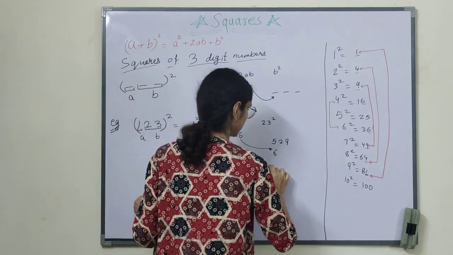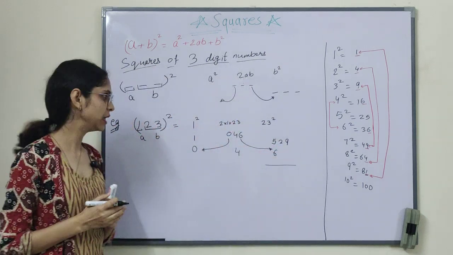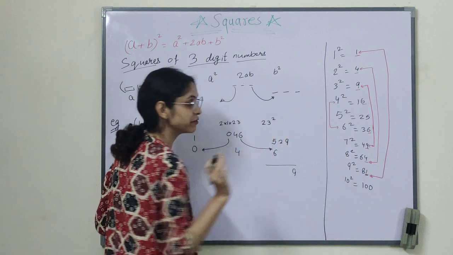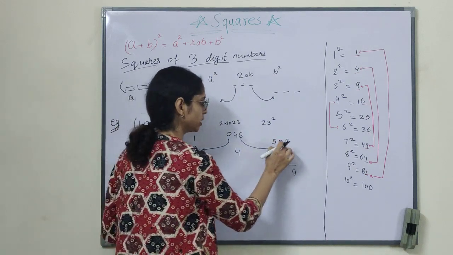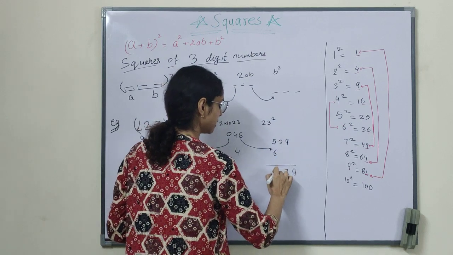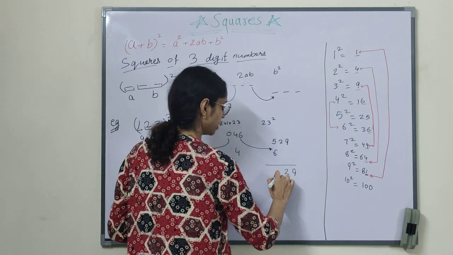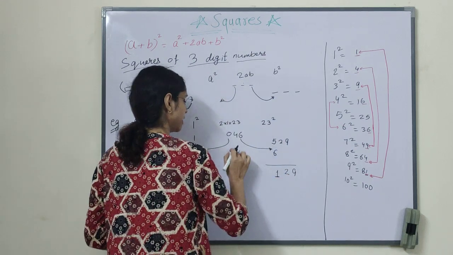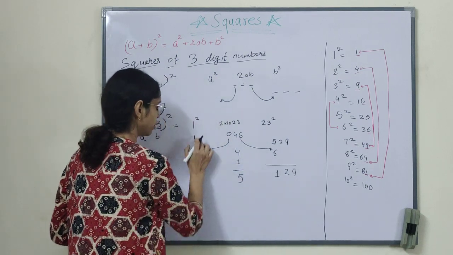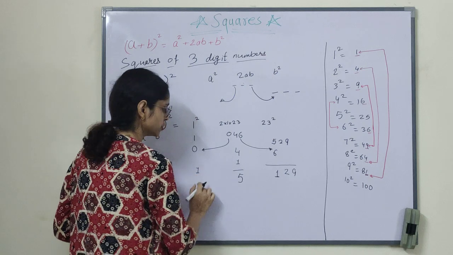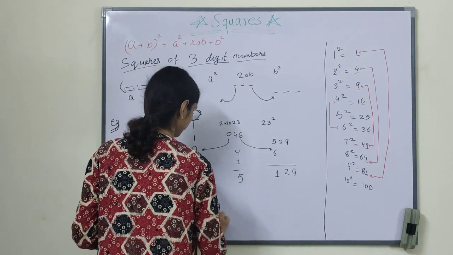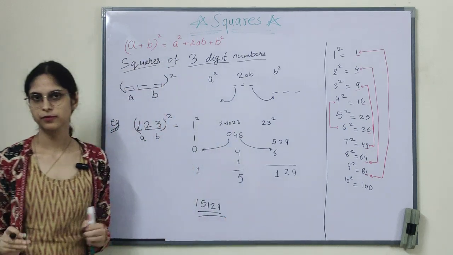Now we will add. 9 will come as it is. We are not adding 6 to 529. We are adding 6 to 2 only. 2 plus 6 is 8. Wait, 9, 2, 6 plus 5 is 11. So 1 we will keep here and 1 will again become carry over here. It will become 5 and now 1 plus 0 is 1. So my answer is 15129. Okay.